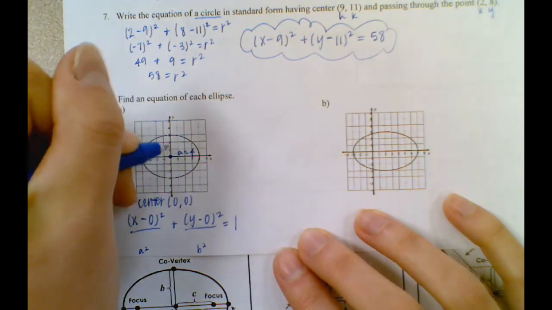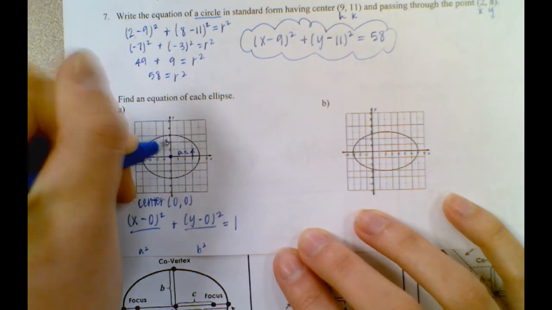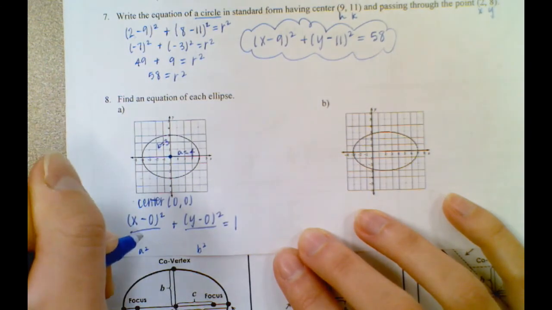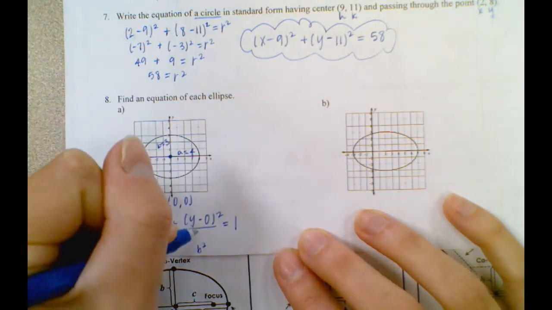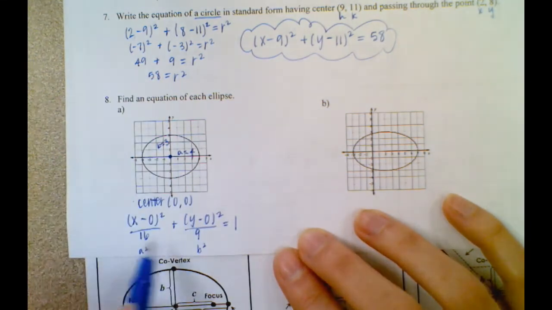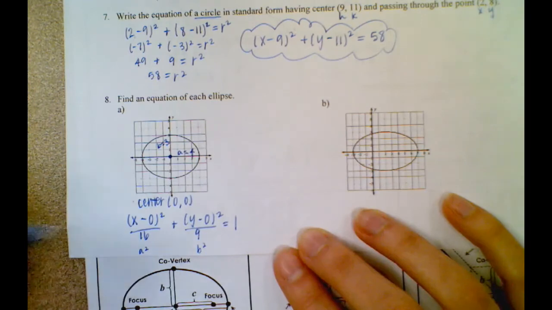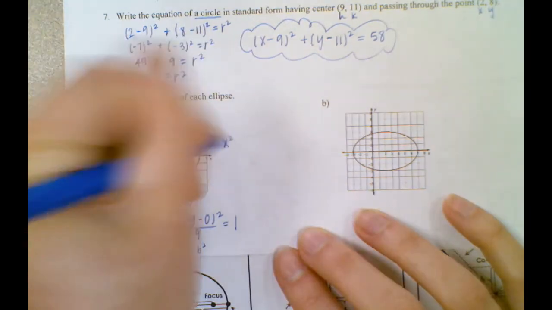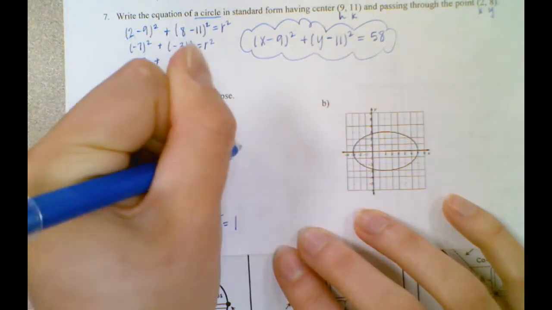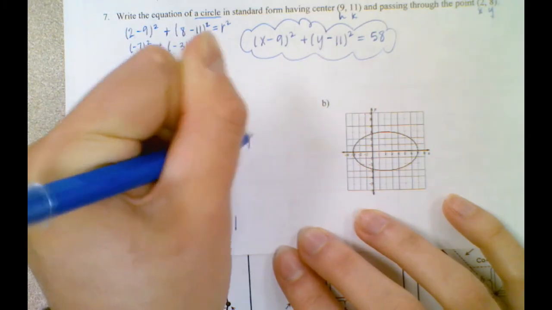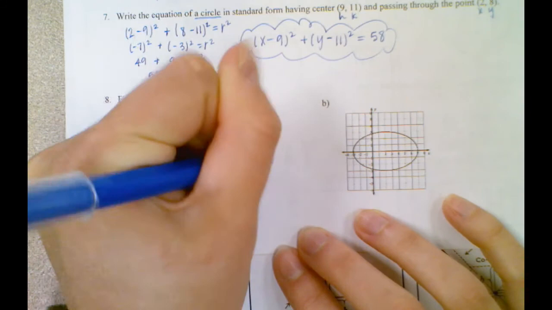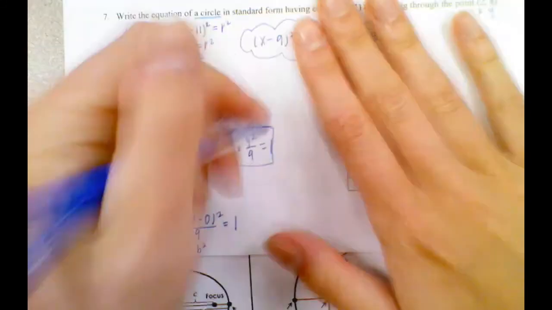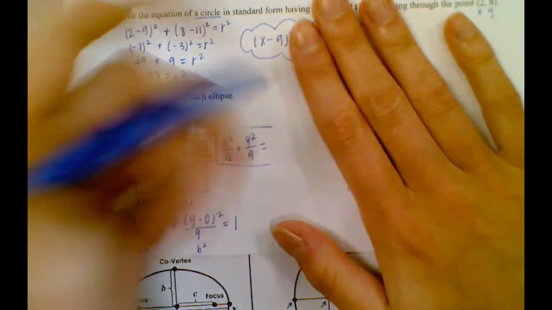And my b value is 1, 2, 3. But I have to square these, right? So a squared would be 4 squared, which is 16. b is 3, so 3 squared is 9. You can leave it like that, but if you want to simplify it, it would be x squared over 16 plus y squared over 9 equals 1.